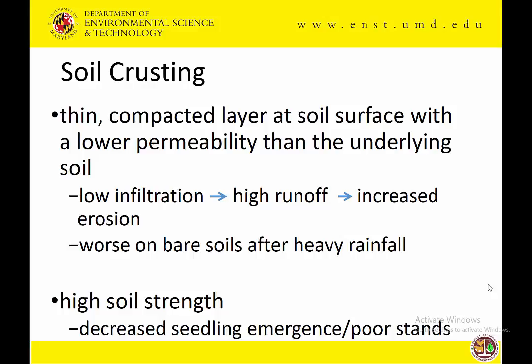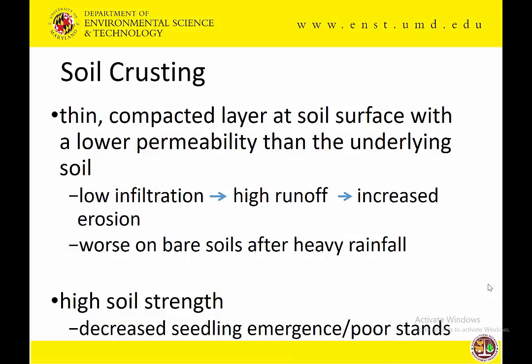All right? Crusting. What is a crust? It's a thin, compacted layer at the soil surface that has a totally different structure than the soil below it and a much lower permeability than the soil below it. All right? And as the infiltration is lower, more of any rainfall event or irrigation is not going to go in the soil. It's going to run off. And if it runs off, it could take soil particles with it.